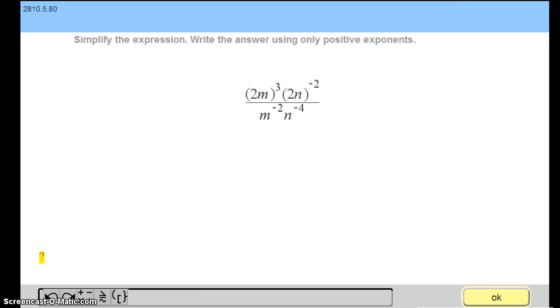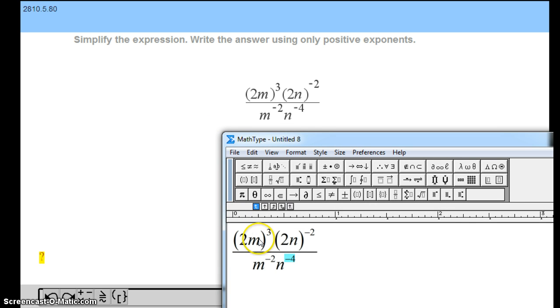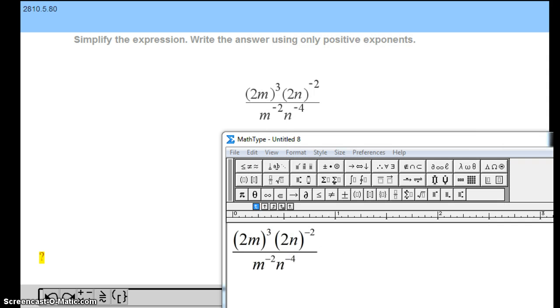Now let's give this problem a shot. I've written it out here: 2m to the third power times 2n to the negative second power, over m to the negative second, n to the negative fourth. I want to use rules 3 and 4 to rewrite the problem with only positive exponents. That's the first thing I want to do.